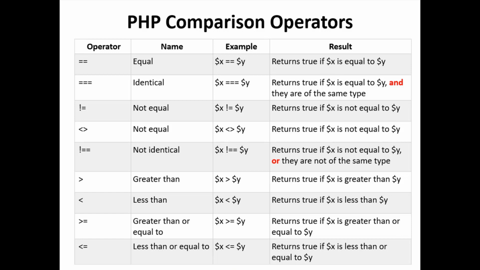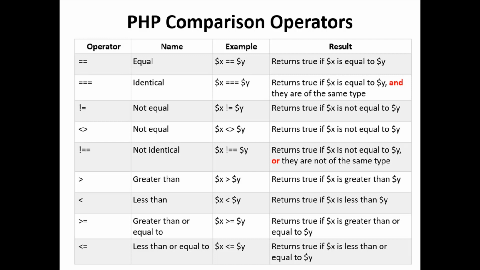Then not equal to is there, which returns true if x is not equal to y, or you can use not equal to using the less than and greater than symbols as well. So it depends upon you, whichever operator you want to use, whether you want to use the exclamation equal sign for not equal, or you can use the less than greater than sign. Then for not identical, we are having exclamation followed by double equals, as opposed to three equals for identical. The not identical operator returns true when x is not equal to y, or they do not have the same type.